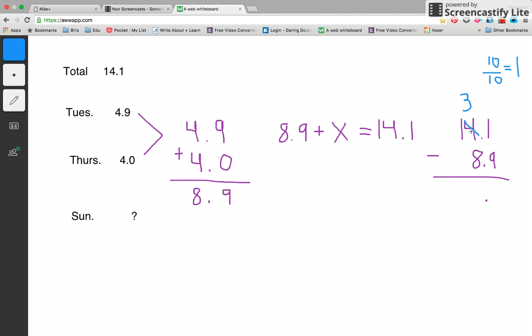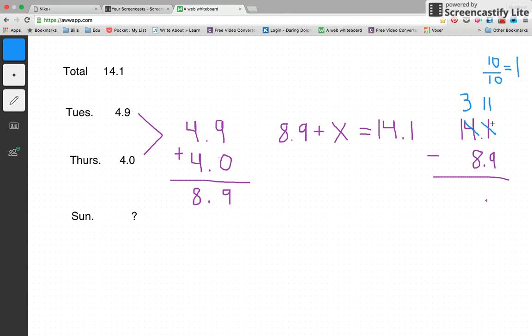Instead of having 4 wholes, I'm really just going to think this is the same as having 3 ones and 10 tenths. So I'm going to add this 10 tenths to my already existing 1/10, which gives me 11 tenths now. So instead of saying I've got 14 and 1/10, I'm saying I have 13 and 11/10, which are the same.